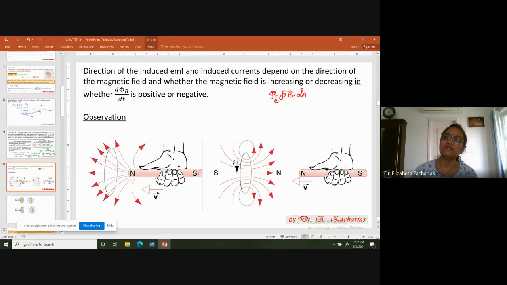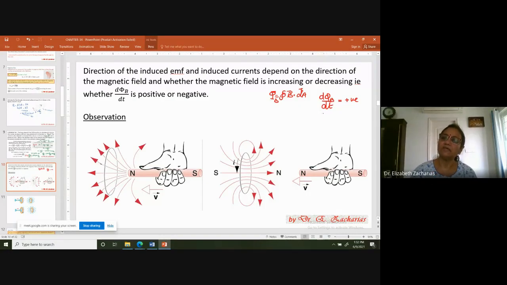So let us say that the flux is increasing as a function of time. If it is increasing, then dΦ/dt will be positive. Change always means final minus initial. So if the flux is increasing, that means the final flux is more than the initial flux, so final minus initial is a positive quantity, and positive divided by time is a positive quantity.